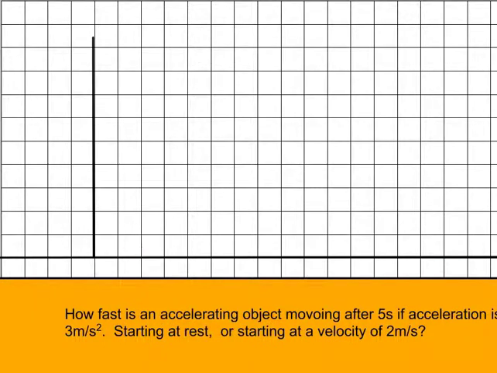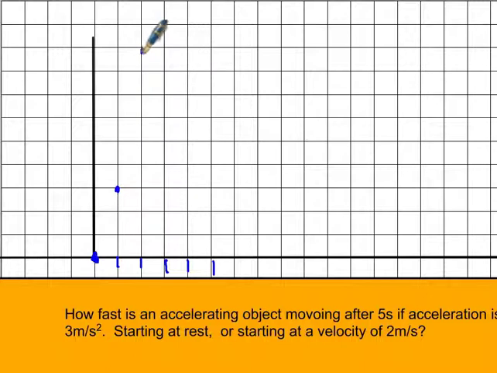Finally, we can even use graphs to do it with a little bit of math. How fast is an object going after 5 seconds if its acceleration is 3? 1, 2, 3, 4, 5 seconds. At 0, it's 0. After 1 second, it would be 3. After 2 seconds, it would be 6.